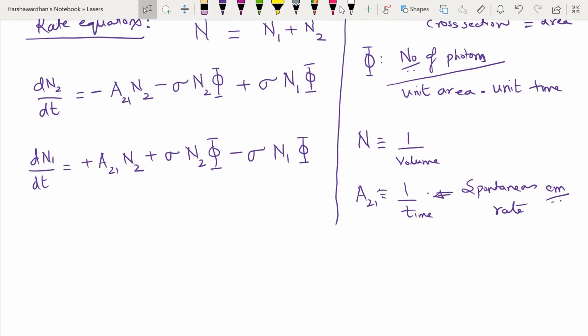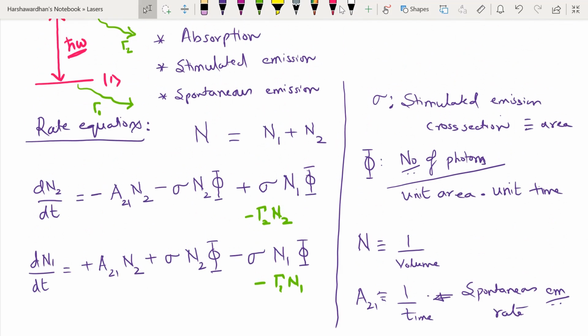So I can maybe add a term in general, minus gamma 2 N2 to the first equation. Similarly, minus gamma 1 N1 to the second equation, which tells me the decay outside these two levels. Because as we know, the atomic structure is much more complex. Such processes also are very much present.